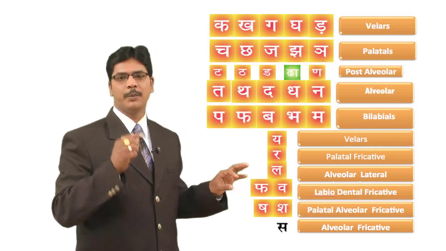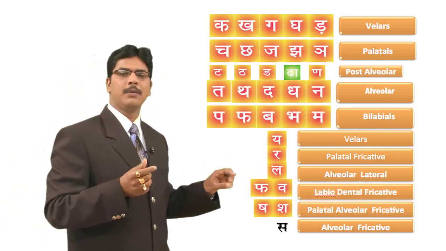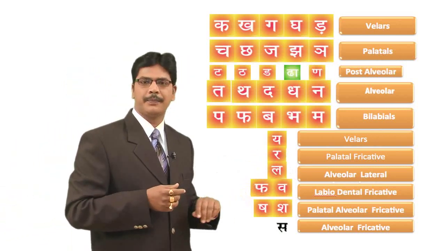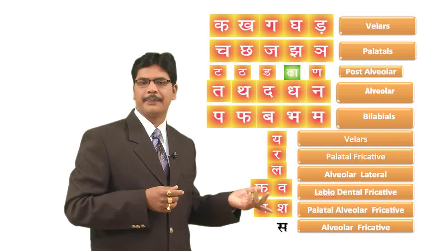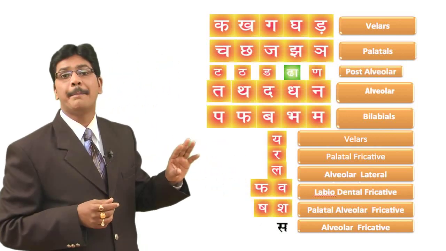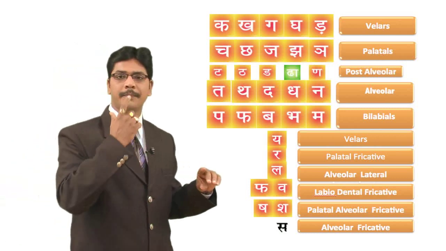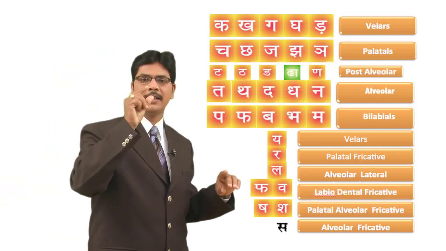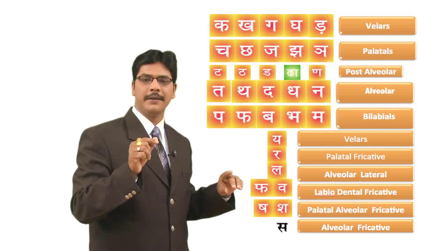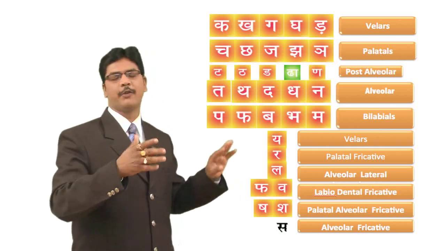Bilabial is what you produce with your lips, so they give number 3. Number 4 is R, a palatal fricative, because the tongue touches the palate and there's friction, so they give it 4.